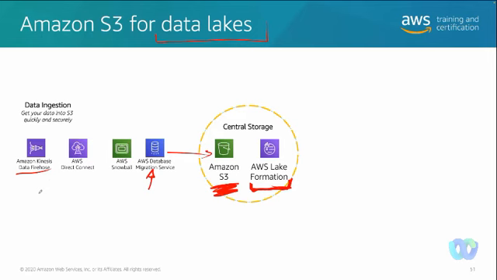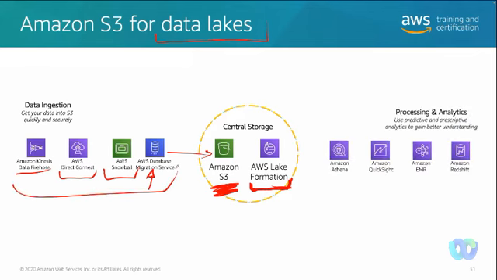If that data is on premises and we need to move it over, we could use AWS Direct Connect to create a direct connection between your data center and AWS Cloud. Or if there's even too much data to do that, you could use maybe Snowball, which is a device that gets shipped to you, on which you copy over the data and then ship it back to AWS, who will then connect it to your AWS environment so that you can copy the data into S3. So you can see that we can use several services to ingest the data.